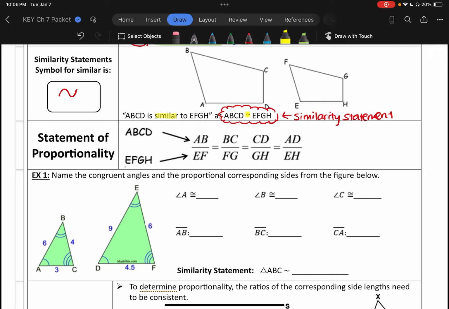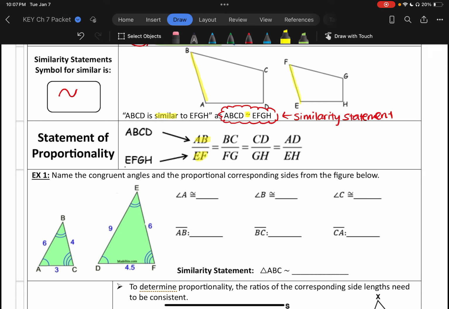And so let's talk about those corresponding sides being proportional. What this means is that for corresponding sides to be proportional, our ratios have to be equal. And that's what we're seeing here. Notice that we have four ratios, four fractions, that have all been set equal to each other. AB is this side, and it corresponds to EF right here.